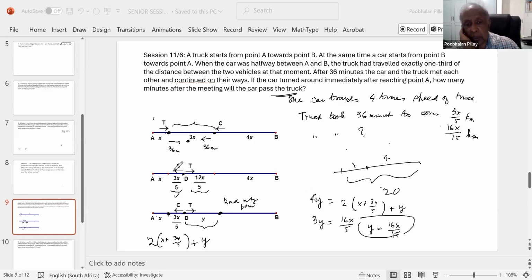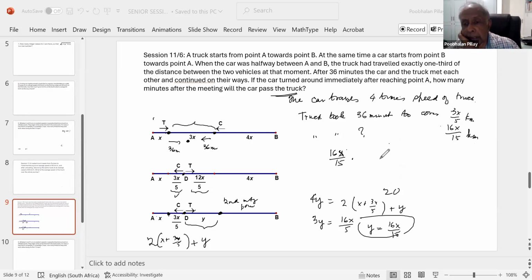So this again is a ratio problem. A lot of these problems are ratio or proportion problems, but they come in disguises, so you can't really see what happens here. So to get back to this, if it takes 36 minutes to travel 3x over 5, it has to be 16x over 15.